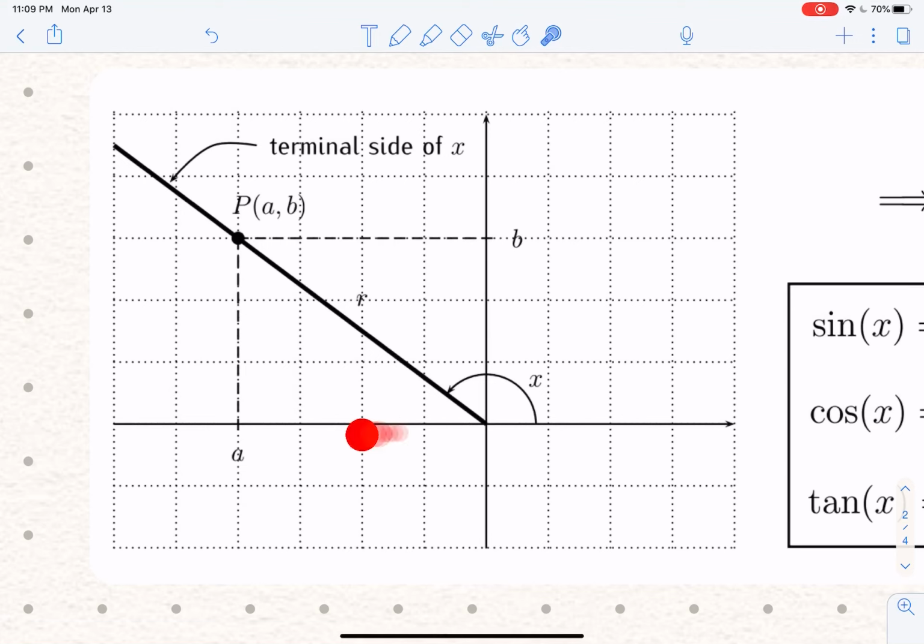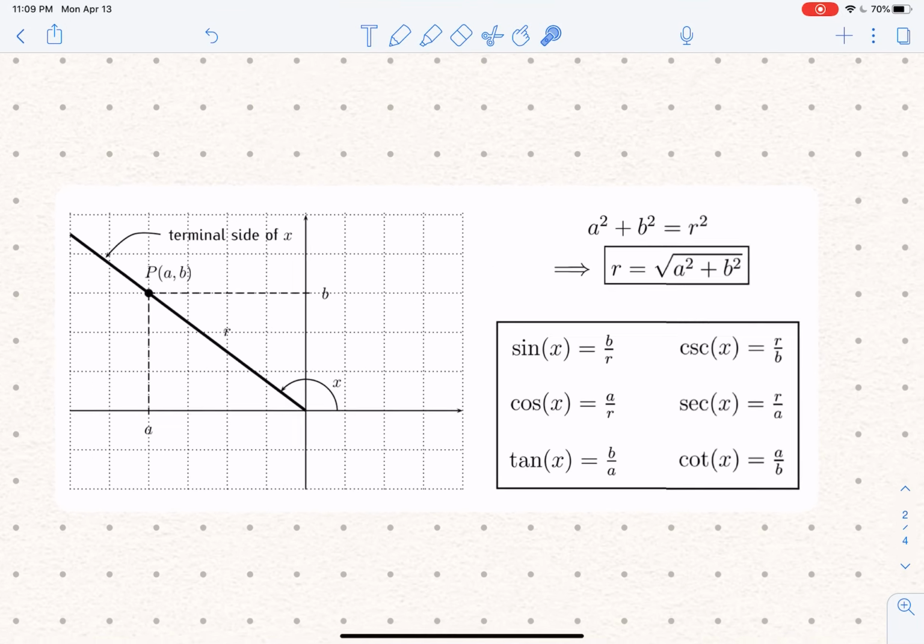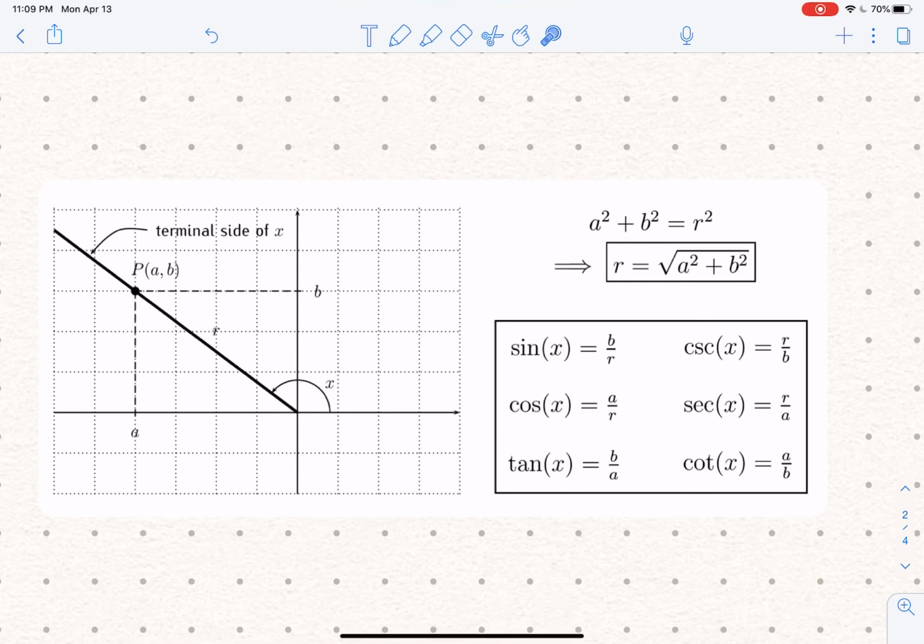This distance is length a, and this distance is length b. That's from the x and the y coordinates. R is just the length of the third side. It's the length c. And so, first of all, we can calculate r by noting that a squared plus b squared is equal to r squared, and therefore, if we solve for r by taking the square root, r is equal to the square root of a squared plus b squared.